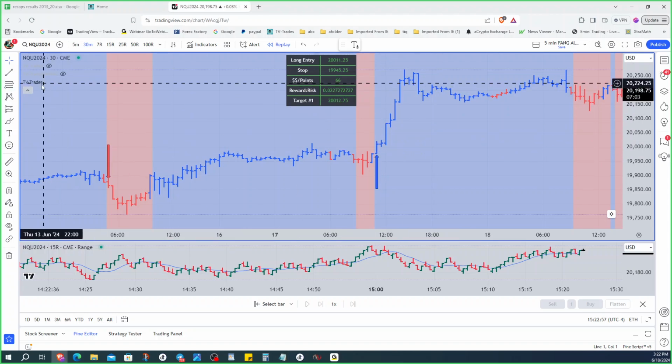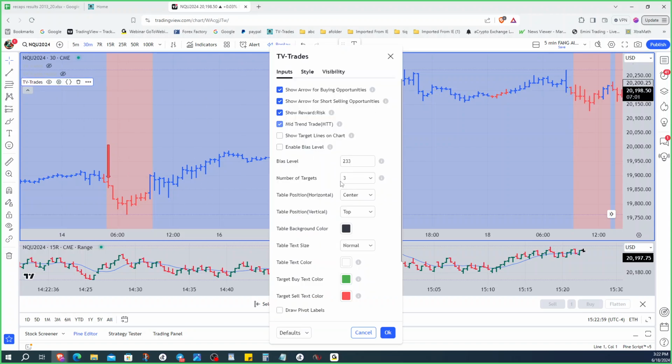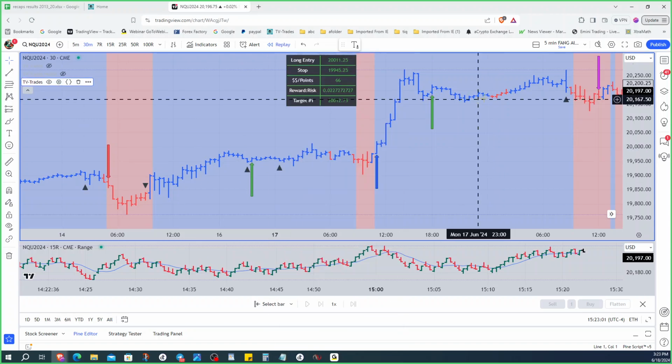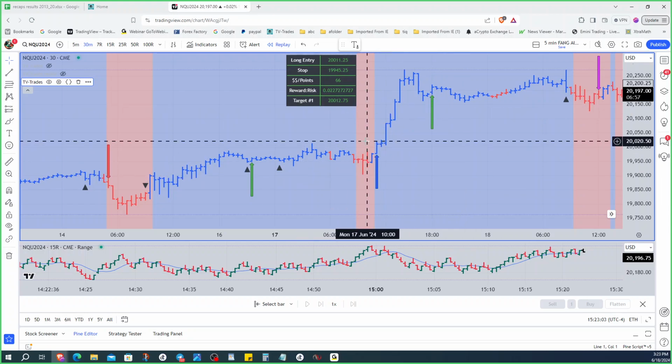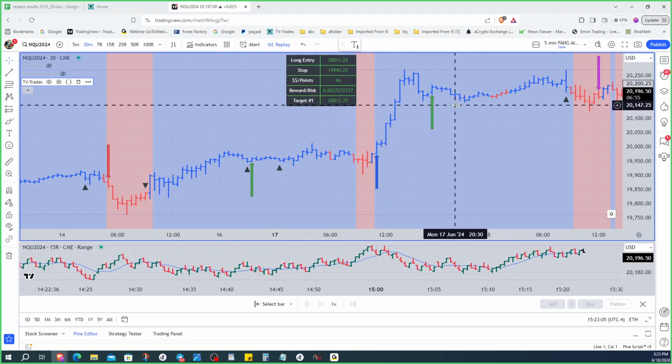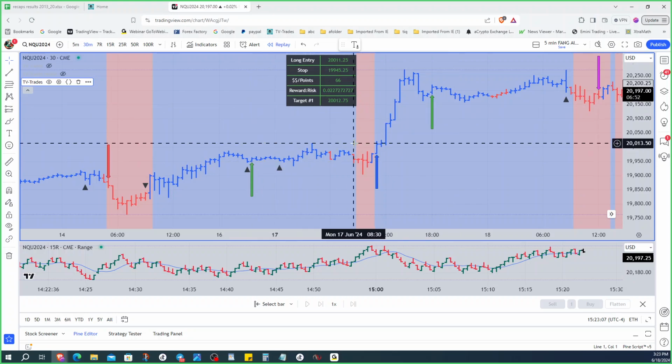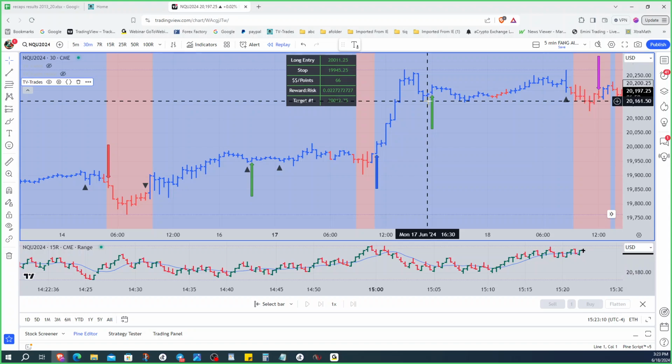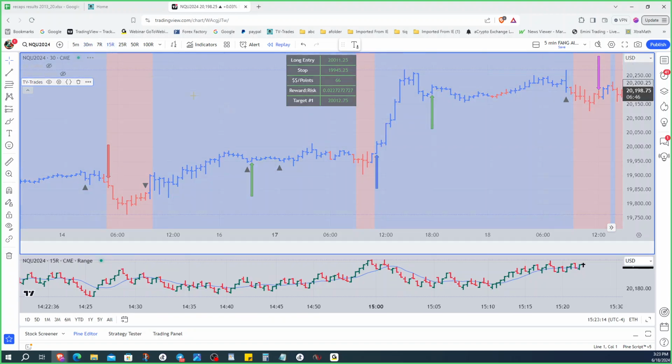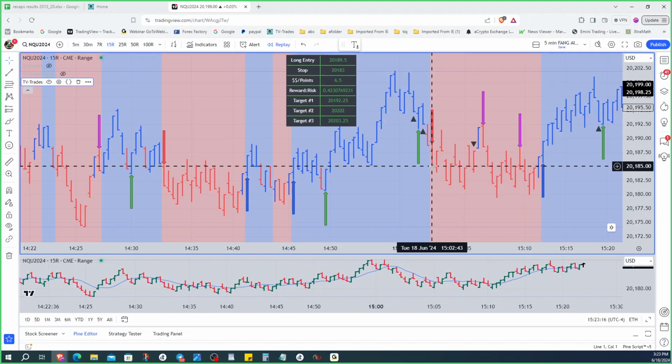If you put the mid-trend trades on, these should happen on the pivot bars, particularly when you're using a range bar. So your stop just needs to be the swing low right before you. If I do this on a range bar, you'll see what I mean.